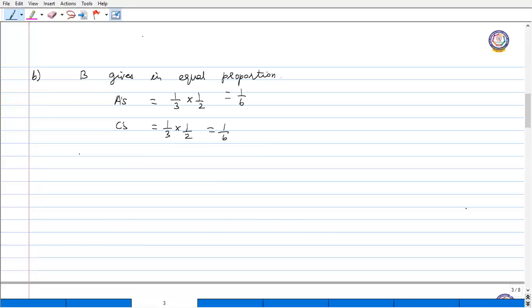Now we'll calculate the new share of A and C. So the new share of A is old share plus the share acquired. Old share is 4/9 and the share acquired from B is 1/6.